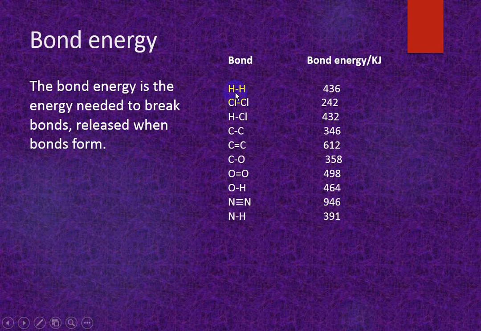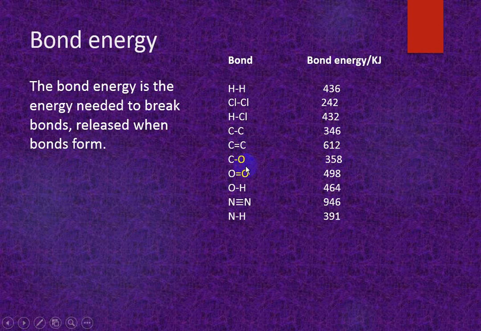Look, this is the hydrogen hydrogen bond. Bond energy is 436. Chlorine chlorine single bond energy 248. Hydrogen chlorine single bond 432. Carbon carbon single bond energy 346. Carbon carbon double bond energy is 612.